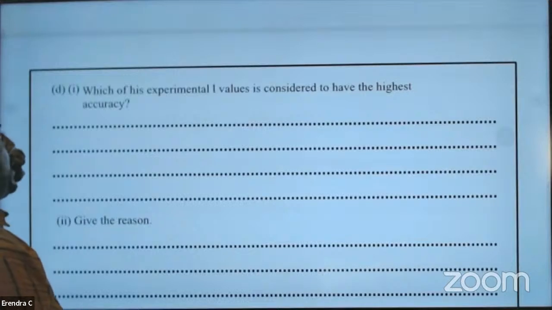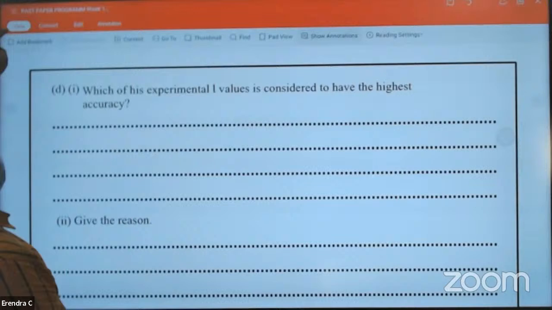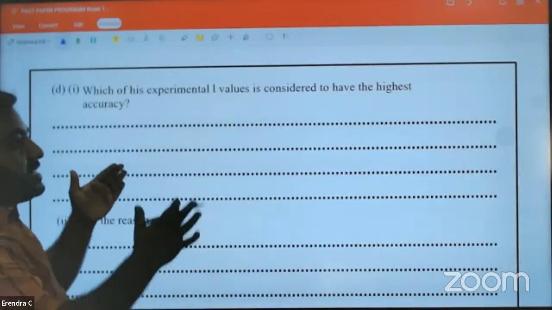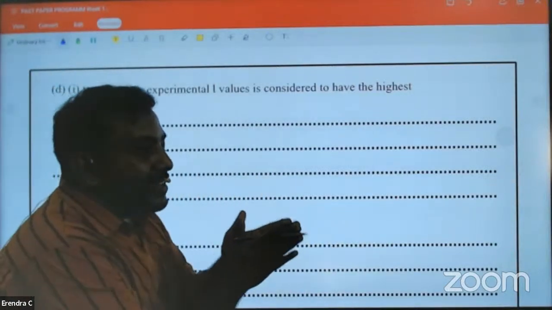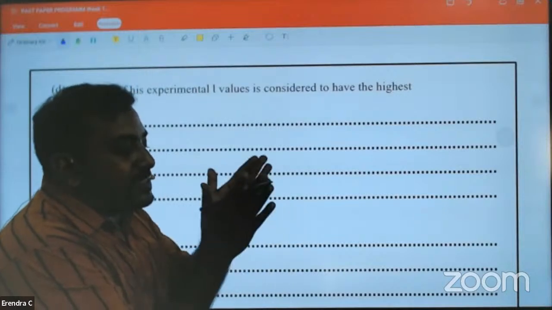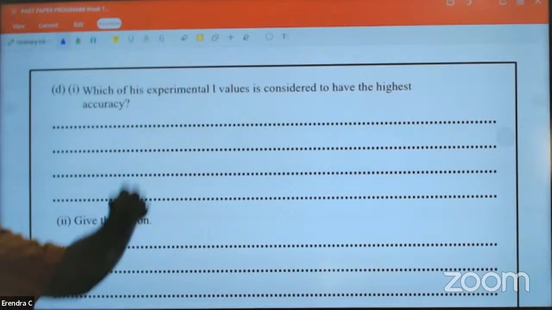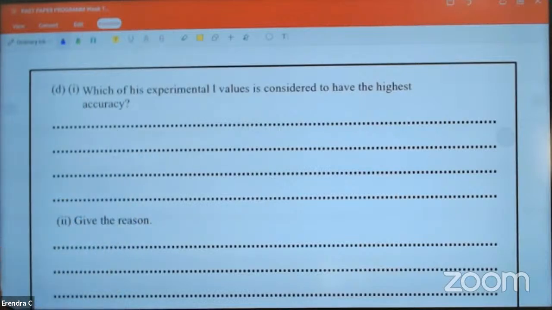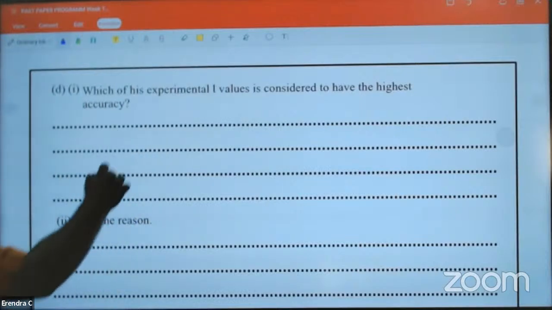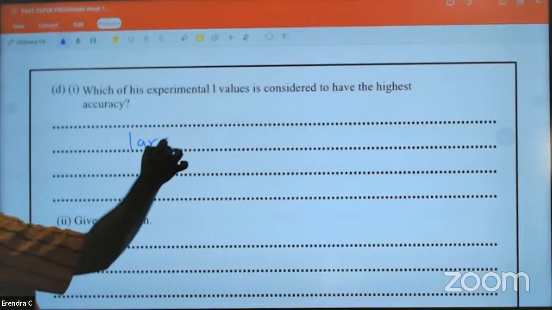Which of these experimental L values is considered to have the highest accuracy? The larger the length, the smaller the fractional error, and the smaller the fractional error, the greater the accuracy. So here the answer is larger length.